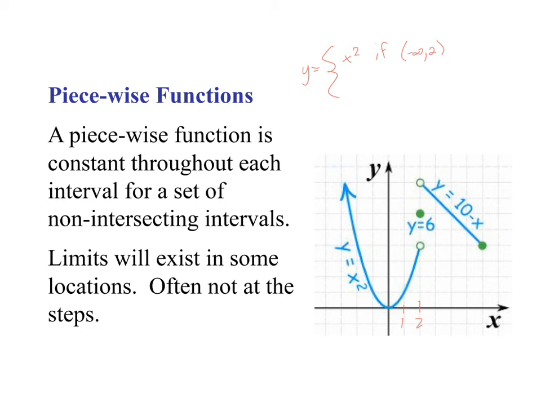Okay, you can see the middle one is just a dot, so that's telling us y equals 6 if x is just equal to 6. Or sorry, just equal to 2. So when our x value is equal to 2, we get y equals 6. And then you can see our third line on there is y equals 10 minus x. So it's just a linear line.